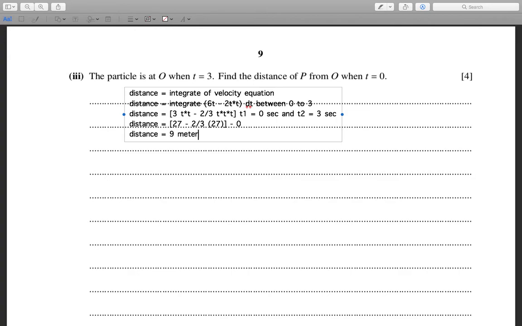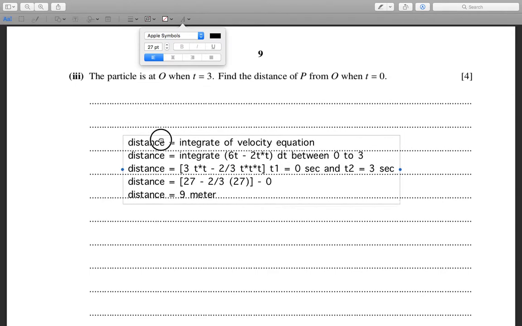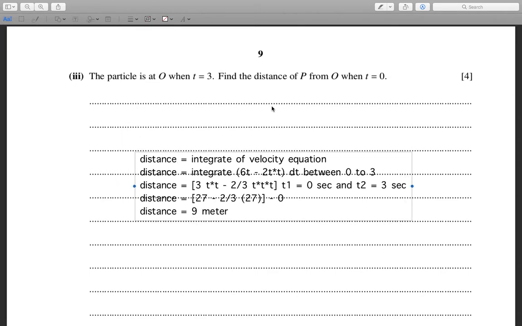Yes, the answer is 9 meters. If you want to see the answer, yes, 9 meters.